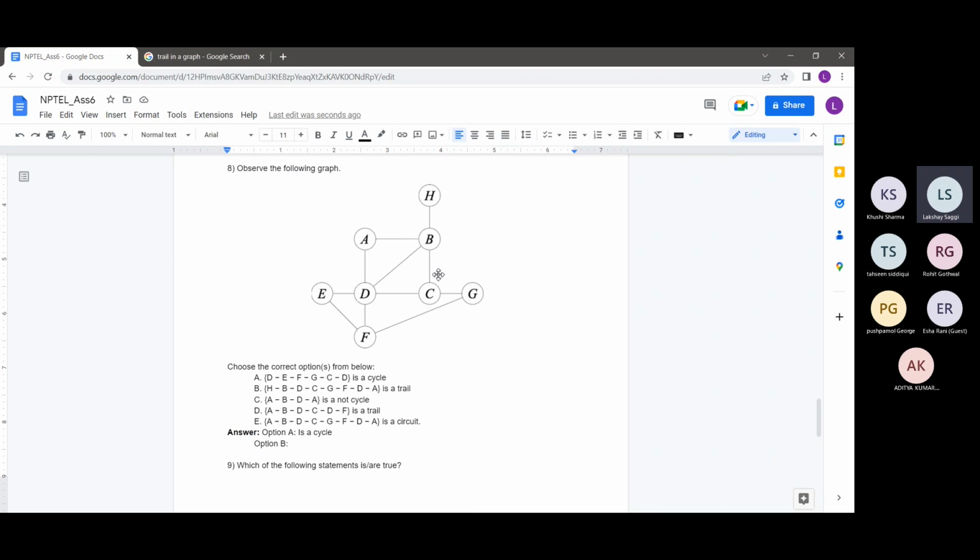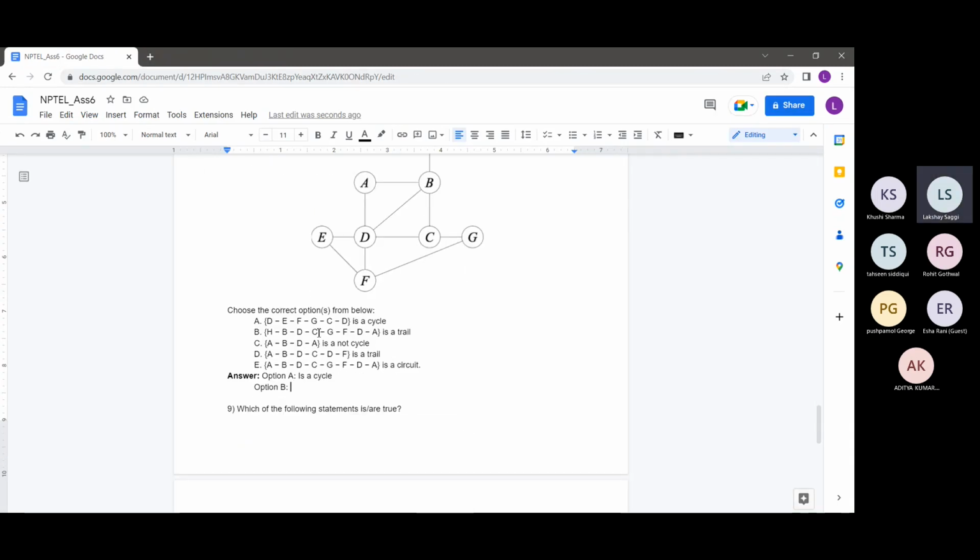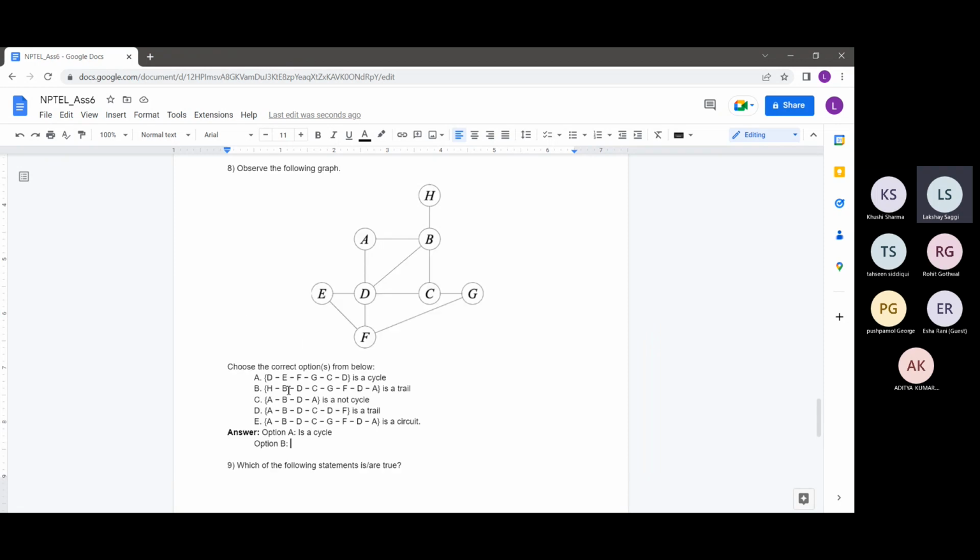So here we'll start from H and go over the sequence, and we just need to ensure that all the edges we are working on are distinct.